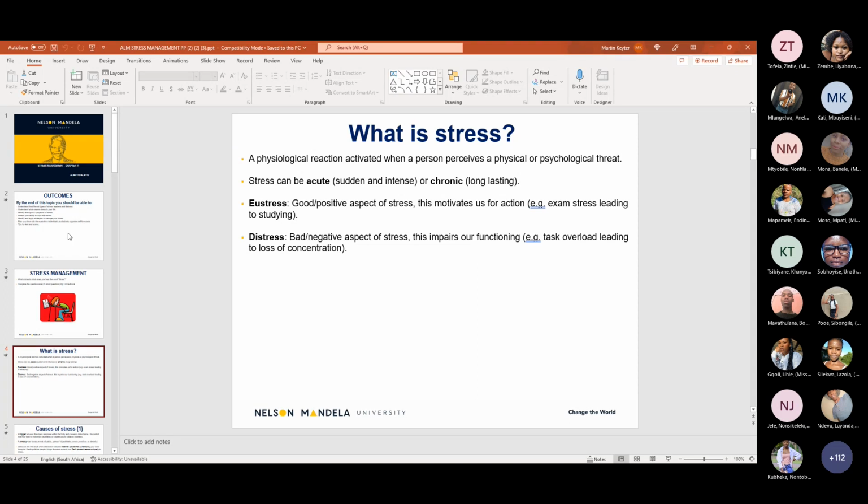The second distinction is that stress can be acute, sudden, and intense. That can be such as the leopard that you saw the one time on the footpath a few meters from you. All of a sudden you had that adrenaline rush, and you went into a fight or flight mode.